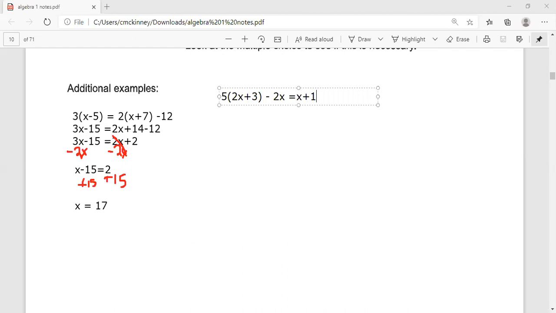We'll try that. Although there's not anything there that would have to be simplified, so that's okay. There's still variables on both sides.